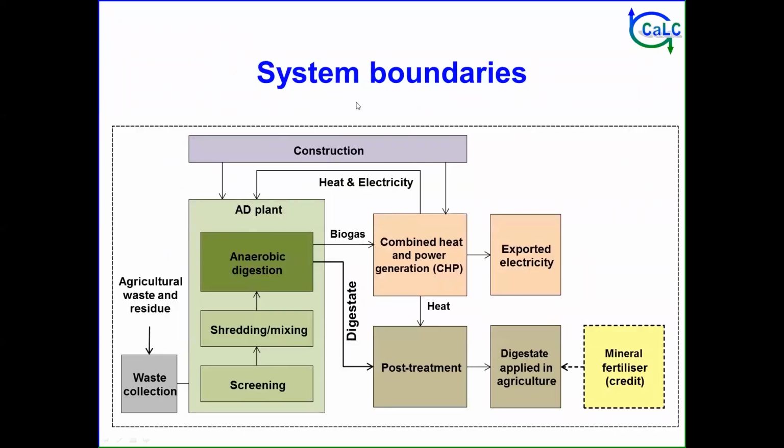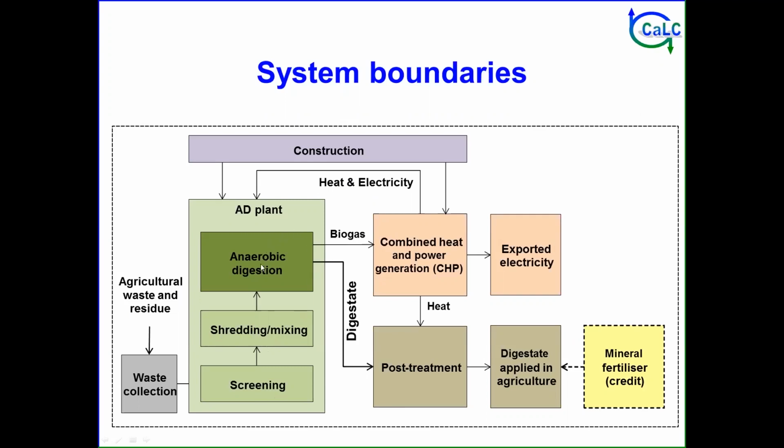So this is the diagram of the system boundary. It relies on various agricultural waste and residues, which are collected and transported to the AD plant, where they go through screening to remove any unwanted substances. Then they are shredded or mixed and fed into the digester.